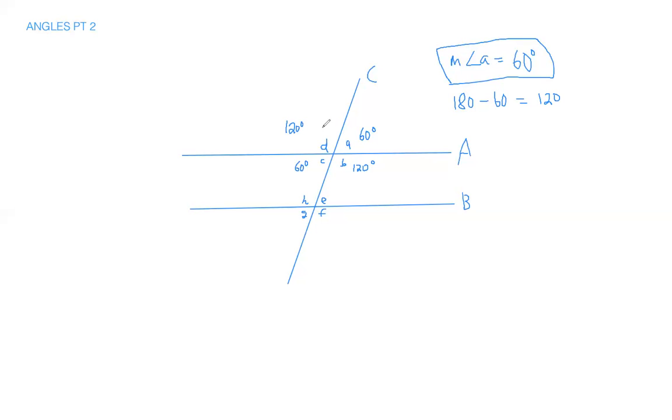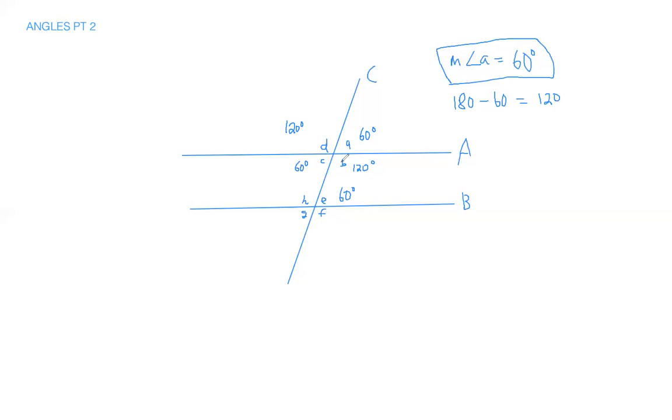Now, this next part is a little intuitive. By just looking at the picture, you can kind of see that it appears that E, F, G, H are just the same as A, B, C, D. And you would be correct to assume that, but we would have to measure angle E again, and it would always give us 60 degrees, as long as line C intersects parallel lines A and B, and as long as A and E are in the same relative positions.